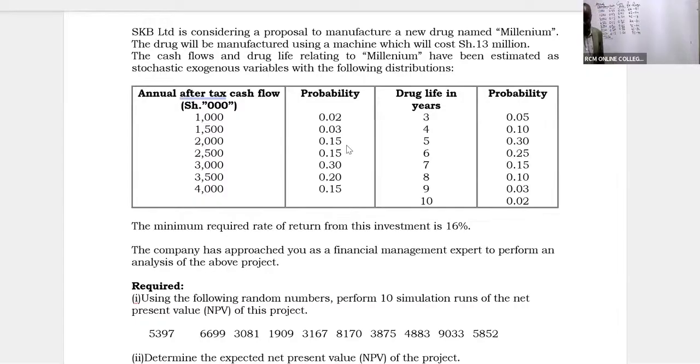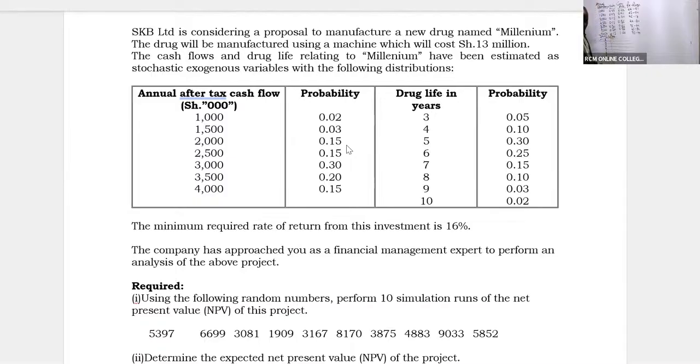Drug life, I can see 3, 4, 5, 6, 7, 8, 9, 10. Versus the probabilities that they have given us.